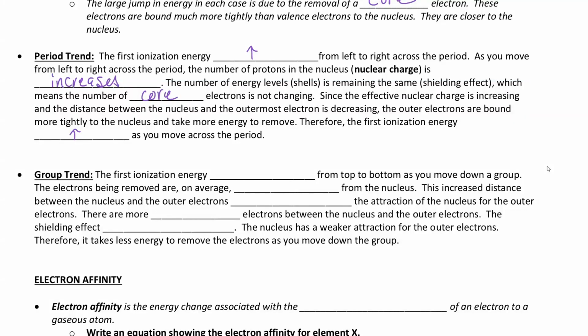Okay, as we go in a group trend, the first ionization energy is going to decrease as we move down. Let's just do an arrow because my spelling is not with it today. Decrease. The electrons being removed, on average, are going to be farther from the nucleus.